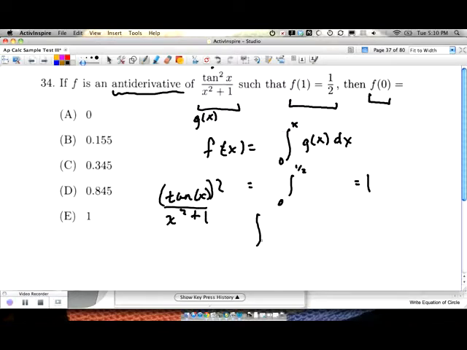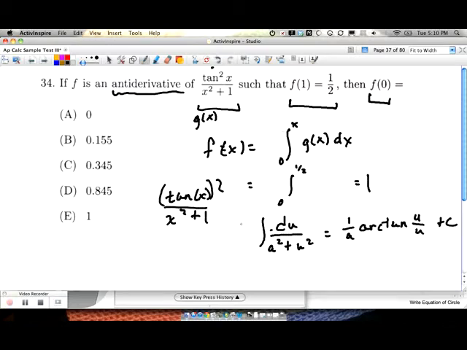Well, I know that the integral, the antiderivative, or let me put it this way. If I have the integral of du over a squared plus u squared, that's going to be, I want to say, 1 over a times arctan of u over a plus c, of course.